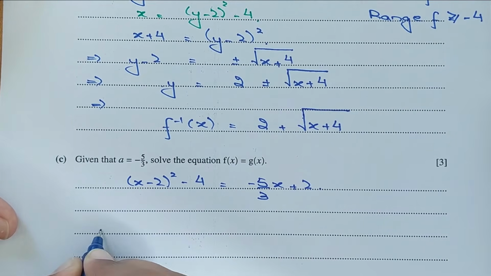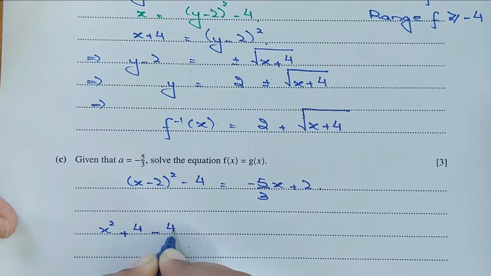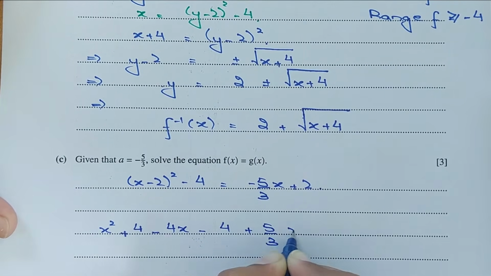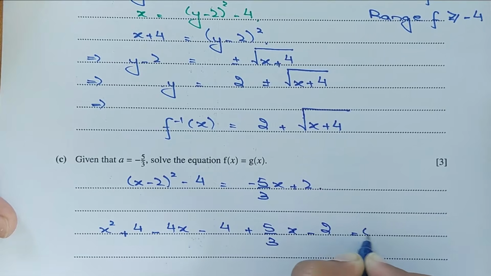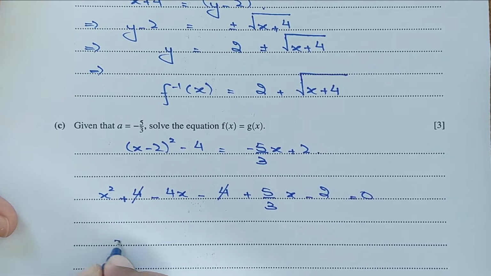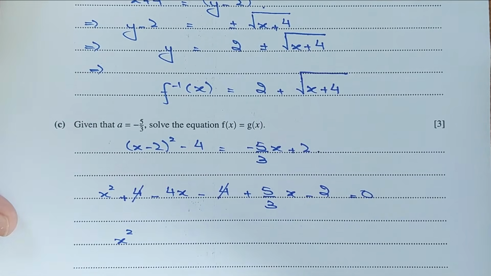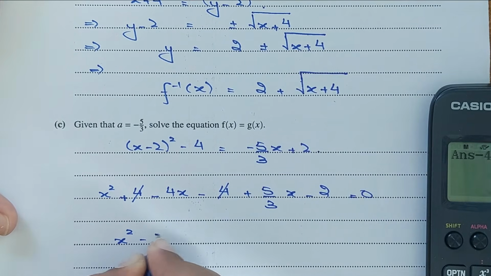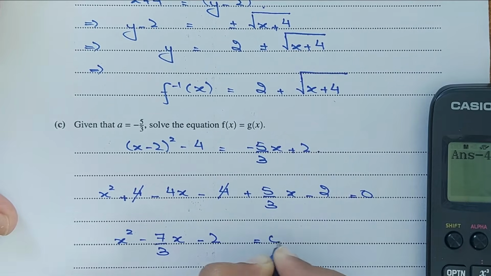Okay, open the square. We have x squared plus 4 minus 4x minus 4 plus 5/3 x minus 2, and this would be equal to 0. Plus 4 and minus 4 cancel out. We are left with x squared, and what is 5/3 minus 4? 5/3 minus 4 is -7/3 x, and -2, equal to 0.